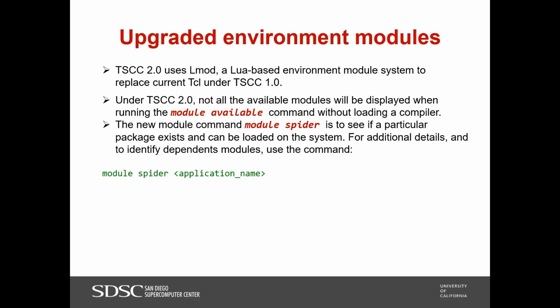If you run module spider with the application name you are interested in, you will get the other modules you will need to load first. That's what module spider can show you, so then you know how to load the module you need, as well as its dependencies.